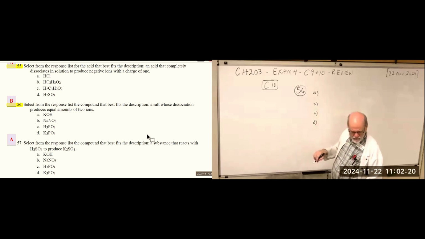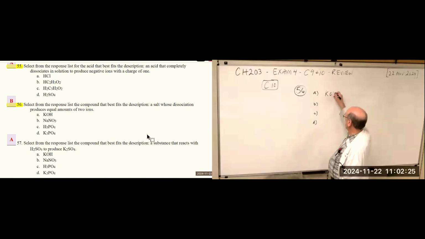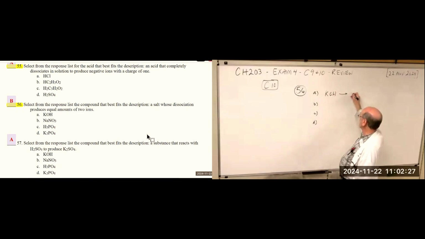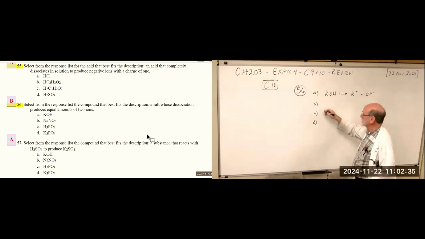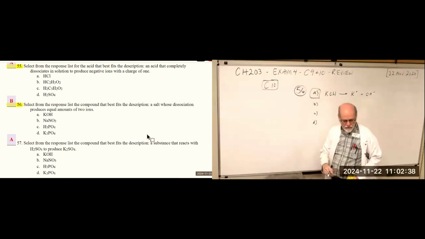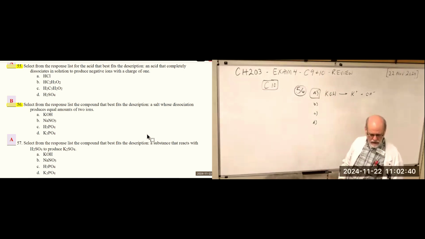So equal amounts of 2 ions. KOH will completely dissociate. Oops. That's true. That's a good one. Equal amounts of two ions.